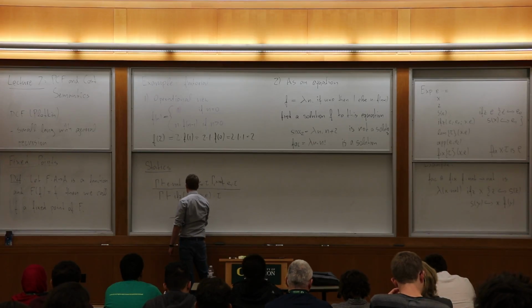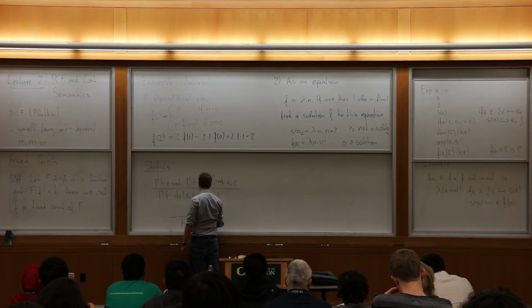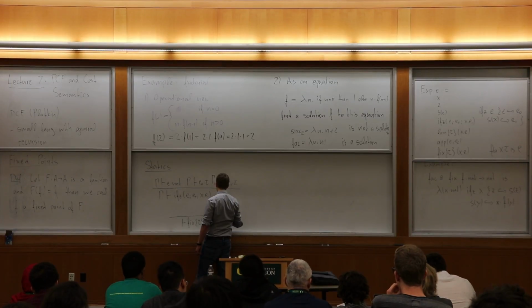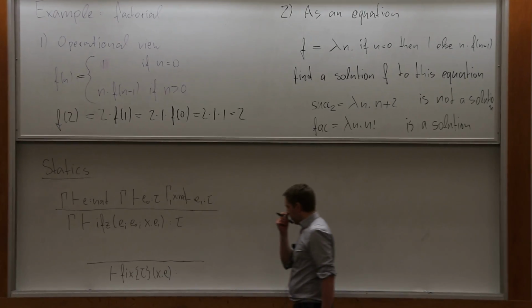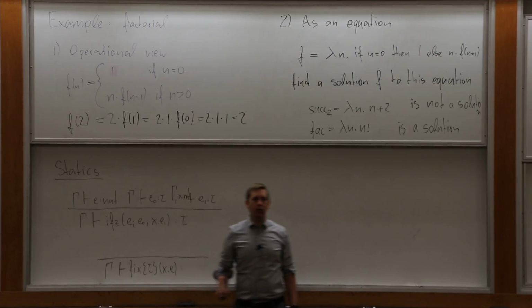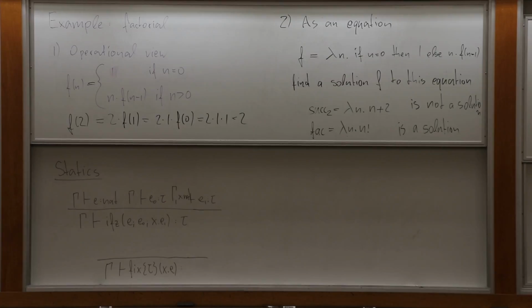Now, let's see if you can. What should be the type of the whole thing, of the fixed point? Nat, tau arrow tau.